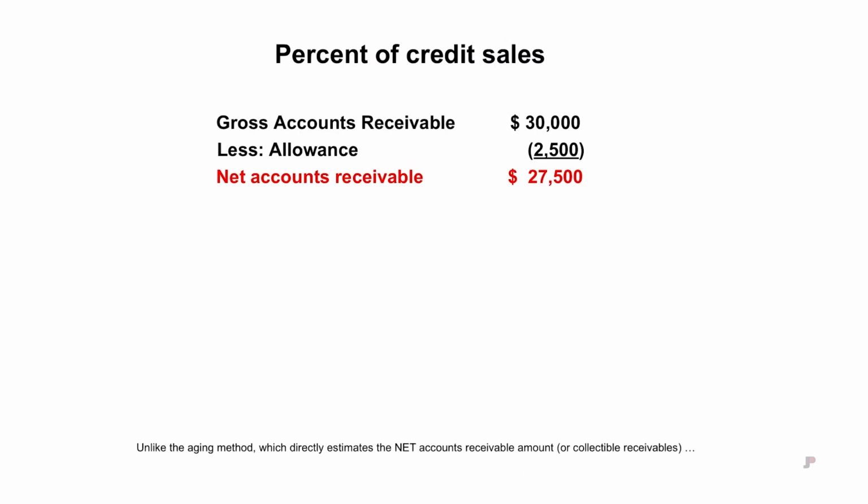Unlike the aging method, which directly estimates the net accounts receivable amount or collectible receivables, the percent of credit sales approach directly estimates the allowance or uncollectible receivables, which is subtracted from the gross accounts receivable in the calculation of net accounts receivable.